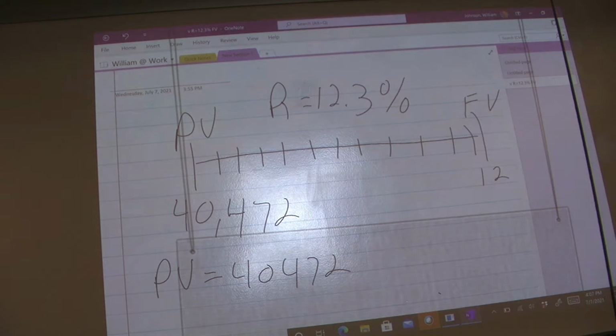So our present value is 4,472, our rate is this 12.3, and our n is 12.